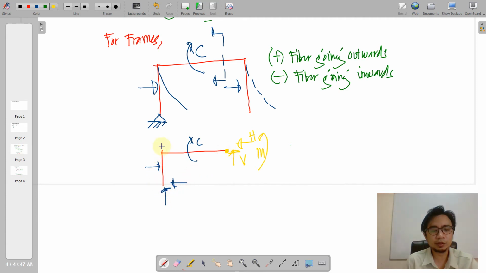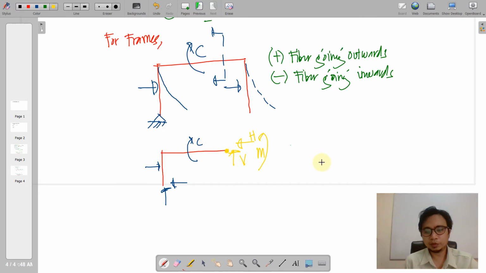So if that is going upwards, again, your frame would tend to have a fiber going outwards, that will be considered as negative. Unlike here in the horizontal rightwards, it will have a fiber going inwards, so that will be considered as negative moment. So that is how to do it.